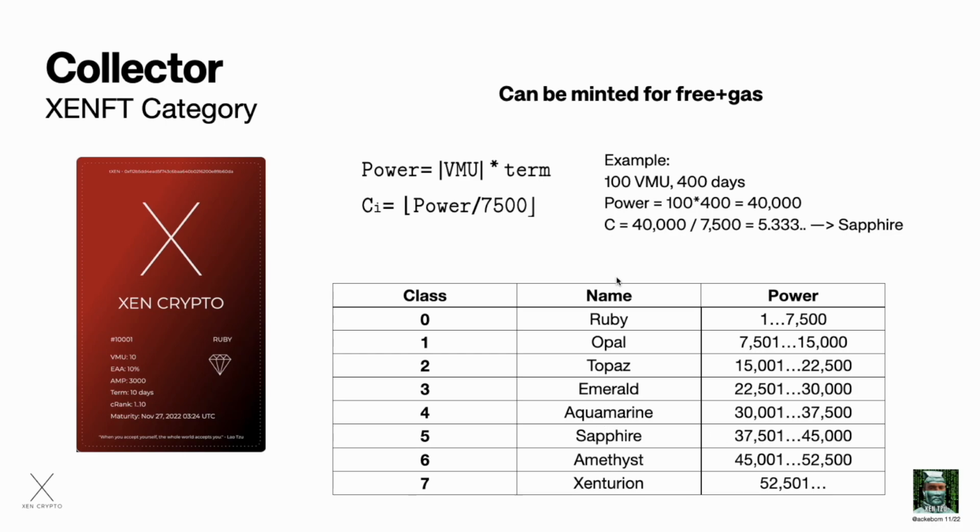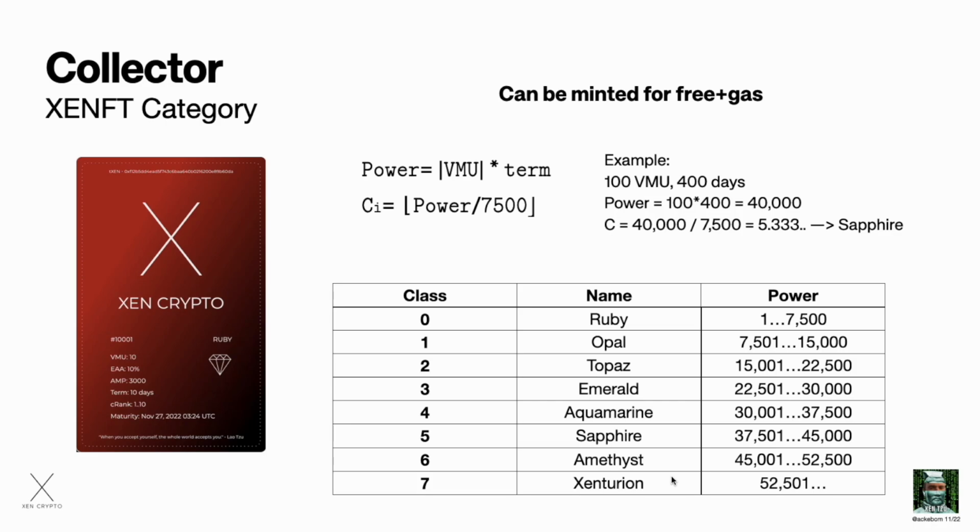So these are the classes: ruby, opal, topaz, emerald, aquamarine, sapphire, amethyst, and centurion. Note that class 7 of the Collector NFTs is unbounded with regards to the power parameter. So any NFT with power above 52,501 will be classified as centurion.